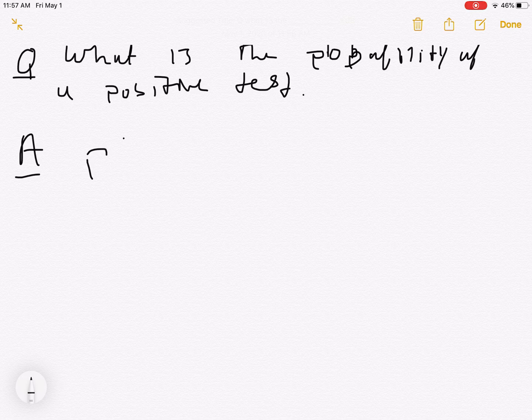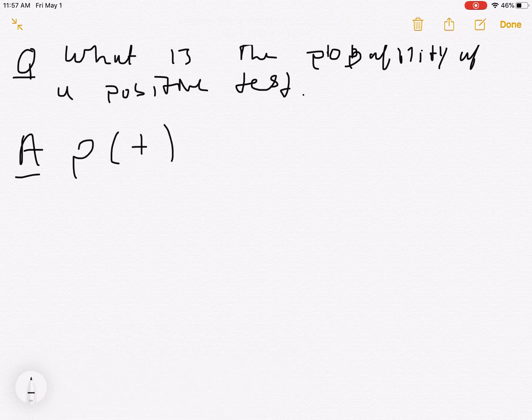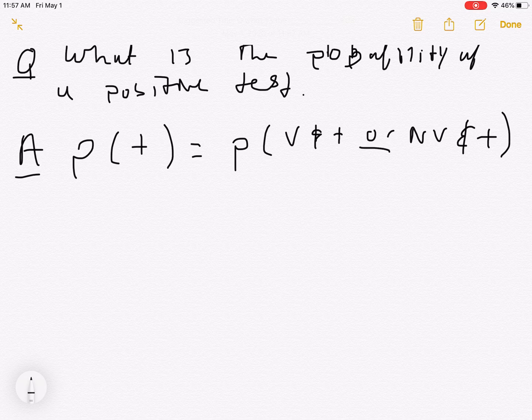If we were to answer this, probability of positive can happen in two ways. You can have the virus and be positive, or you cannot have the virus and be positive. Because of that or, they are disjoint. You cannot have the virus and not have the virus at the same time.